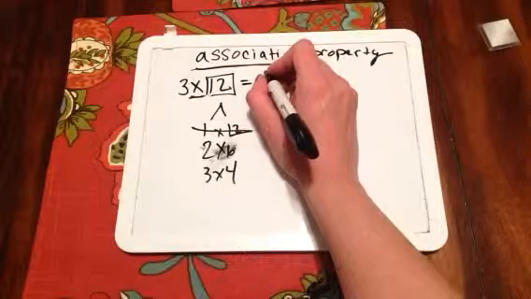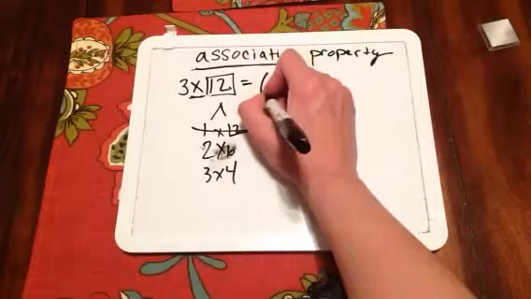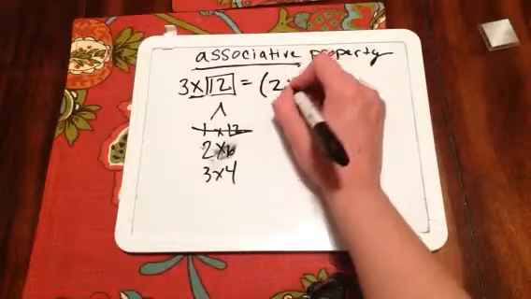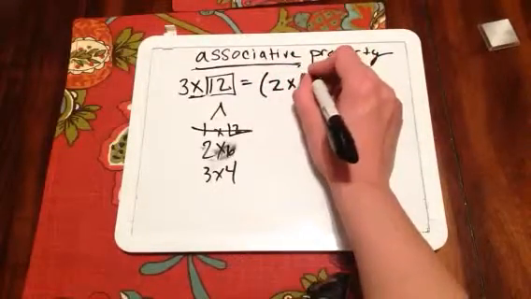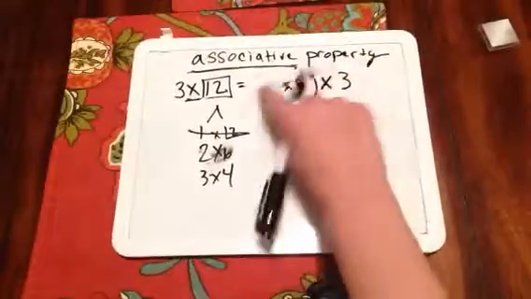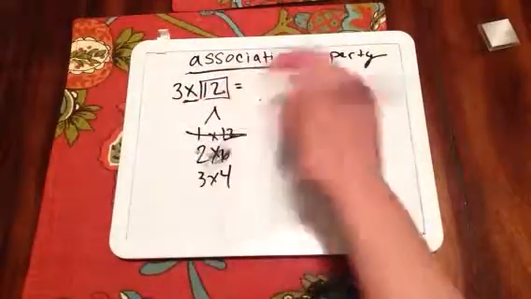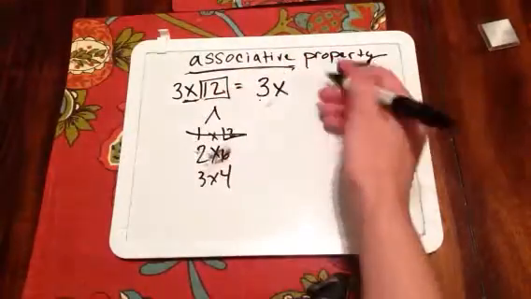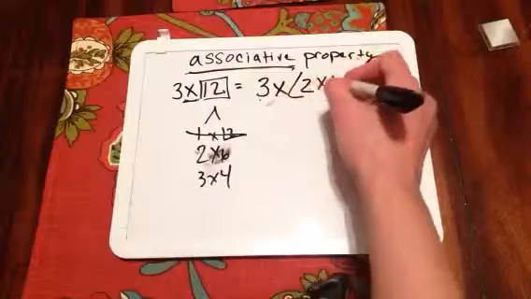Let's see. Let's do 2 times 6 times 3. Or if you wanted to show sort of what this looks like, you could say 3 times, and then you're going to need two numbers that multiply to 12. 2 times 6.